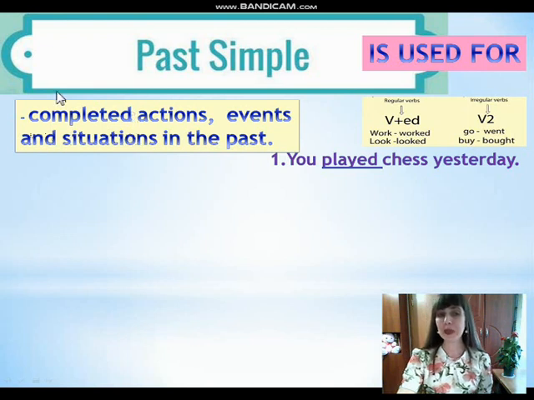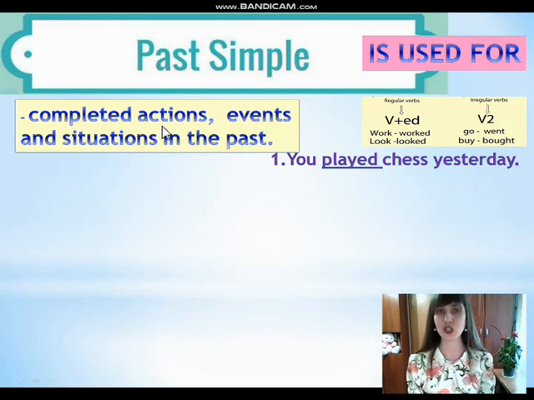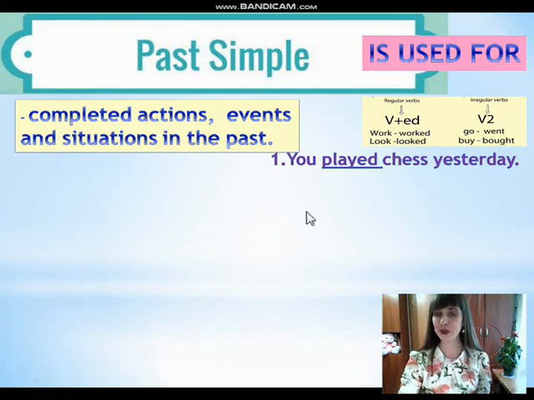So, completed actions means finished actions in the past. Let's have a look at our first example. You played chess yesterday. So it is a completed action. That happened yesterday, right?